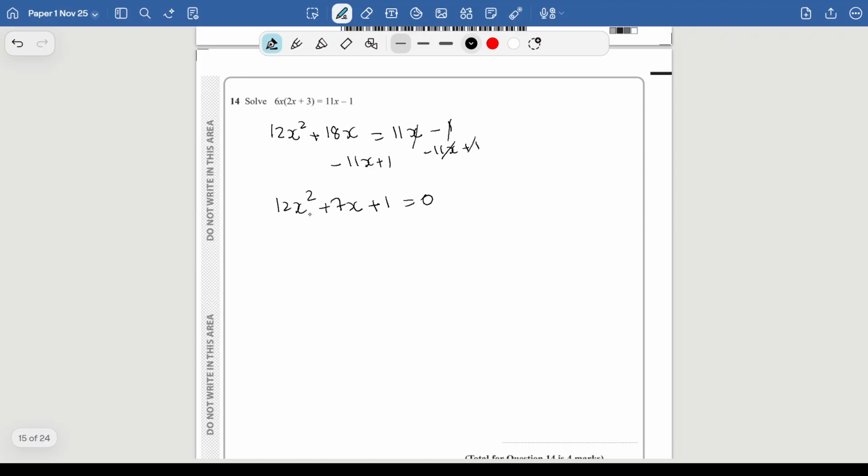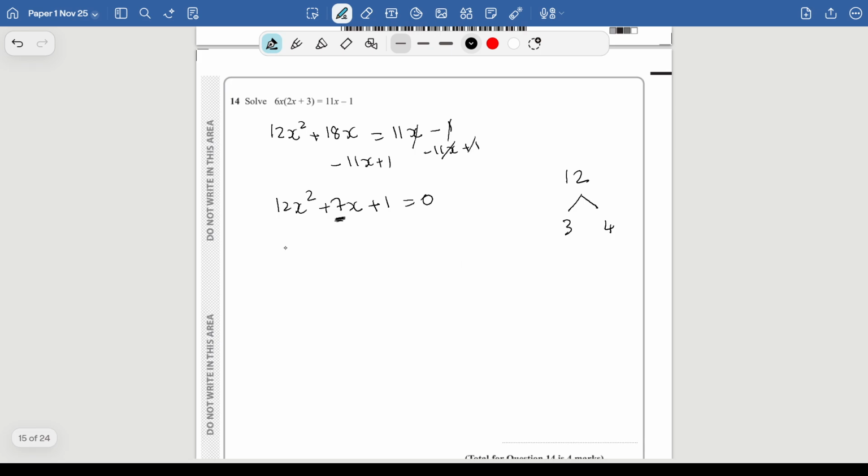So that's a 0. Now we have a quadratic equation here. We need to solve it to get the value of x. The coefficient of x square is 12 and the constant term is 1. So 12 times 1 is 12. To find the factors of 12 so that it aligns with the middle term here, the 7, I can use 3 and 4. 3 fours is 12 and 3 plus 4 gives me 7.